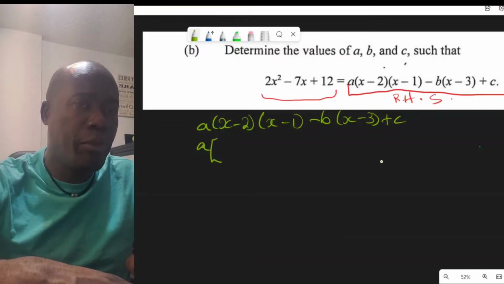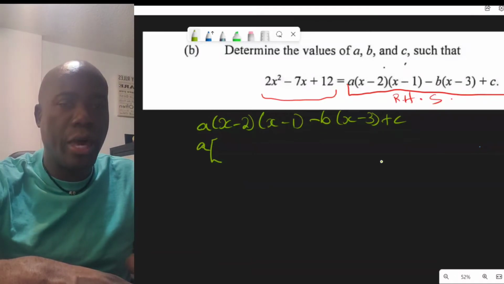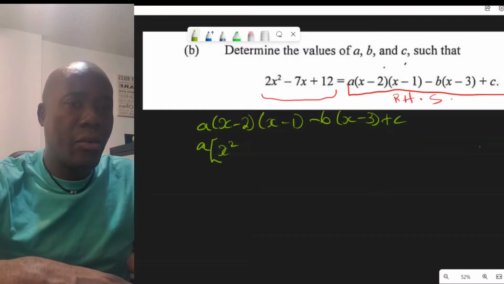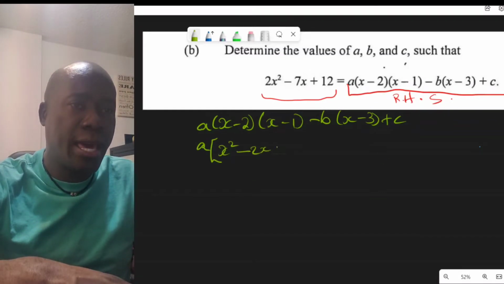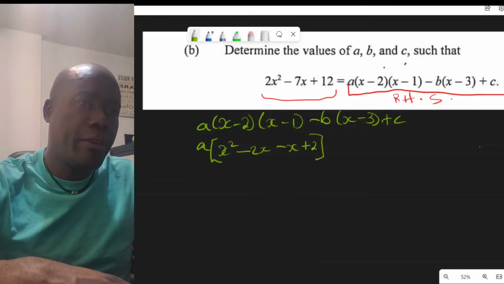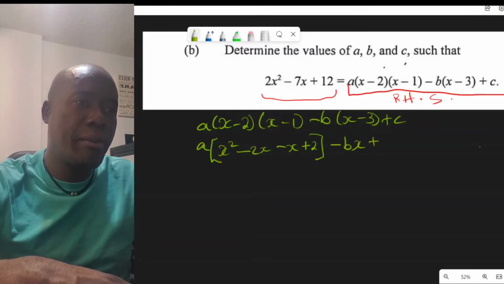Multiplication is going on. So x times x, that is x squared, and then we have a minus 2x and then I have a minus x, and then I have a positive 2. That's what I have right there. If I distribute my negative b inside, I have negative bx, then I have positive 3b, and then this is going to be a plus c.